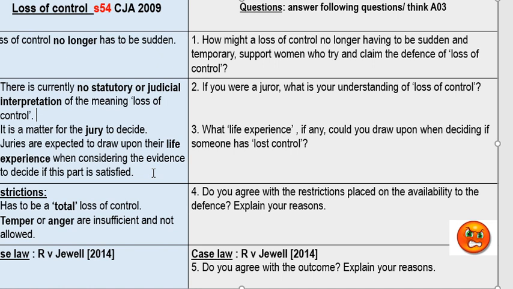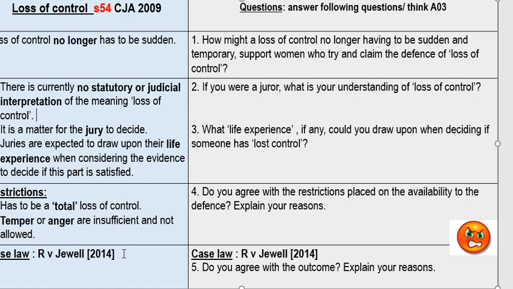Okay. Now we have got a case to help with this, and it demonstrates the restrictions here. So it's quite a new case, quite a recent case. It's from 2014, and it's the case of R v Jewell.